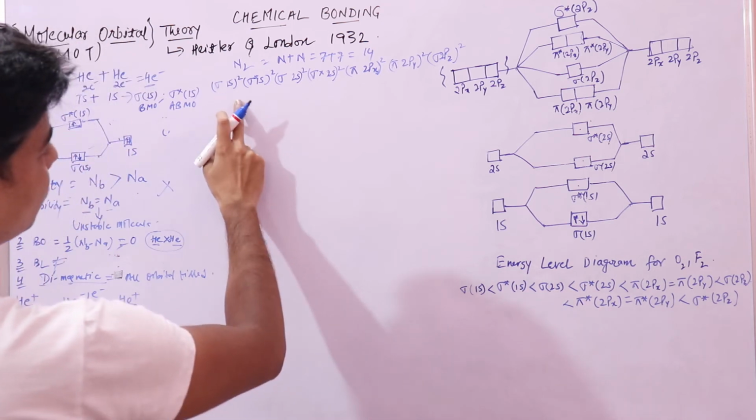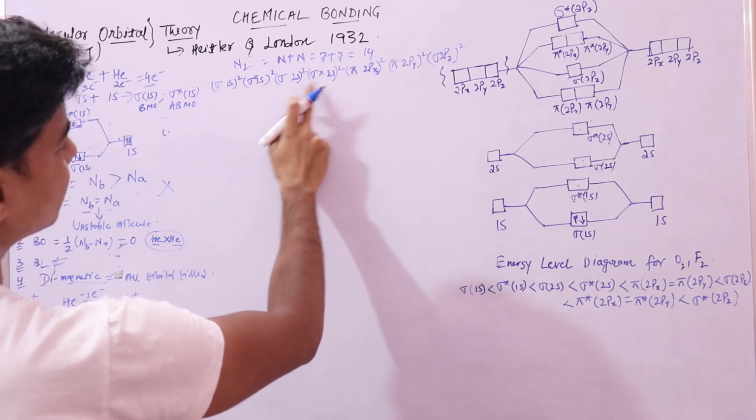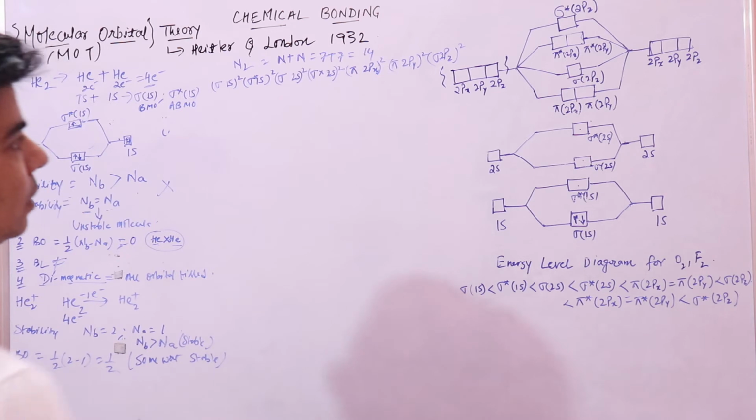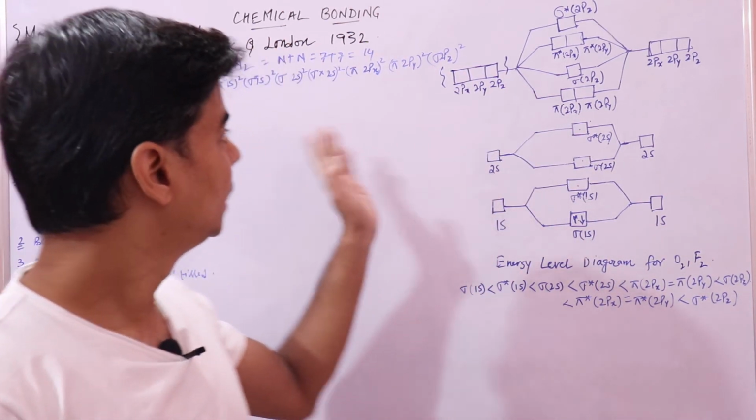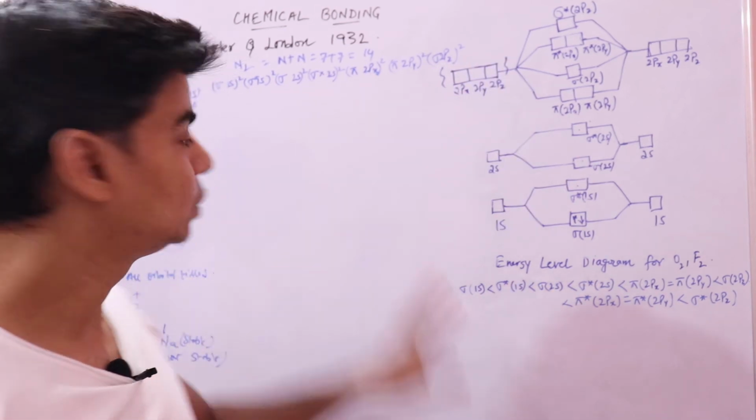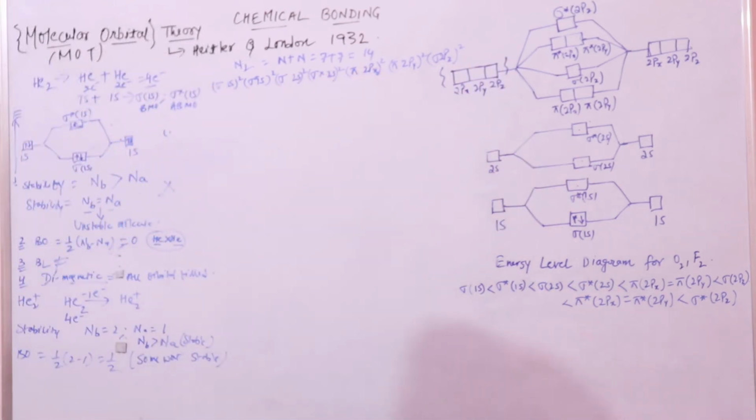So here you can count 2, 4, 6, 8, 10, 12, 14. So you have distributed 14 electrons in various orbitals. This is the electronic configuration of the nitrogen molecule.